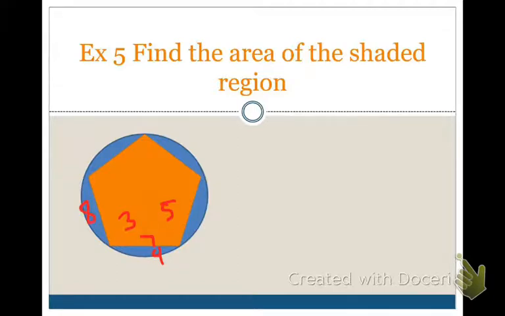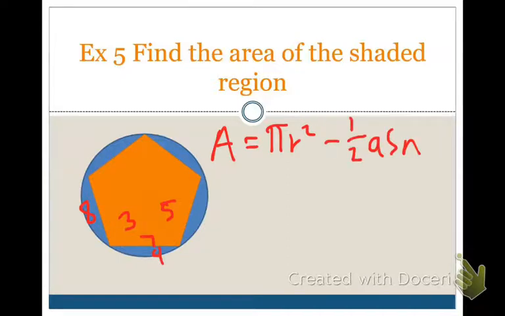Now I have the information I need to do the total area, the blue area. So the area of the blue is going to equal the circle, pi r squared, minus 1/2 a s n. This is how you do it: you combine all this into one formula rather than doing the circle here and the polygon here and then subtracting. Just write it all together, then you just plug in.